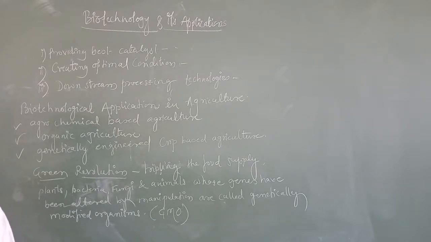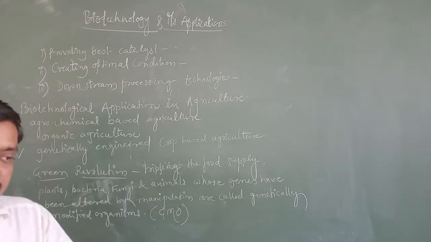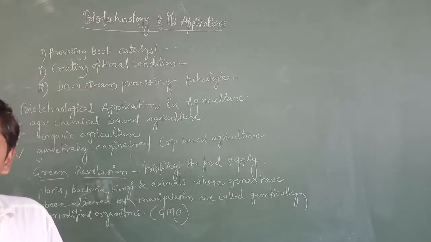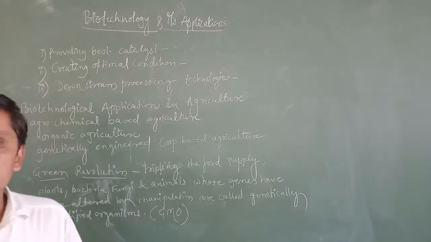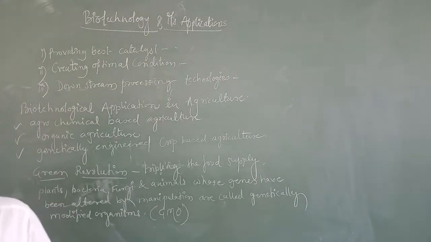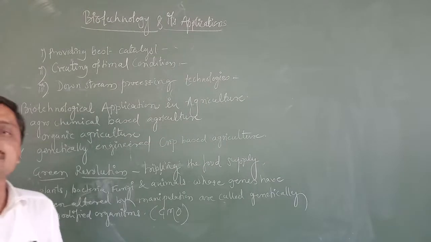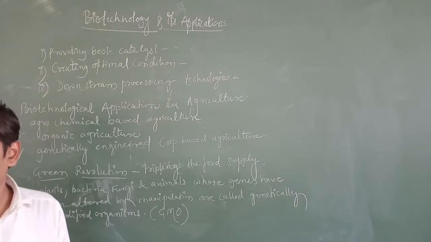Then we discussed the competent host: how we make the host cell competent to take up the DNA. I told you the steps: divalent cations, then micro-injection, then gene guns, or what we call biolistics, and the last one is the disarmed pathogen. These are the things to remember for making the host competent.